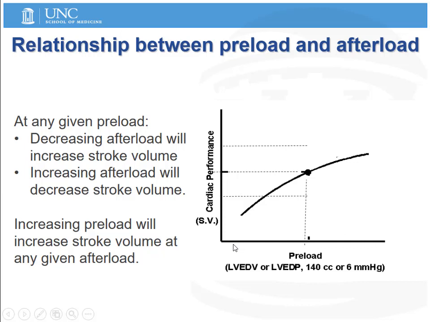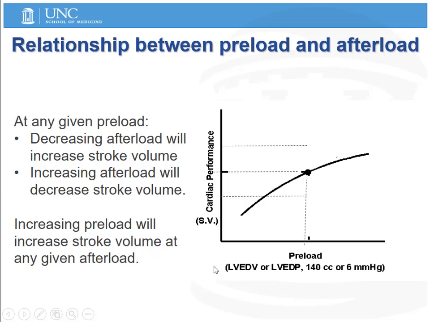This is because the force of contraction is proportional to the length of the ventricular myocyte at the end of diastole. So increasing the volume of blood in the left ventricle at the end of diastole stretches the ventricular myocytes, which allows the actin and myosin filaments to align, causing more cross bridges to form, increasing the force of contraction and therefore the stroke volume.